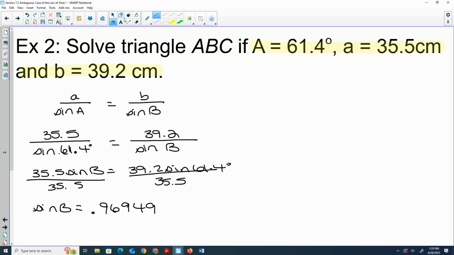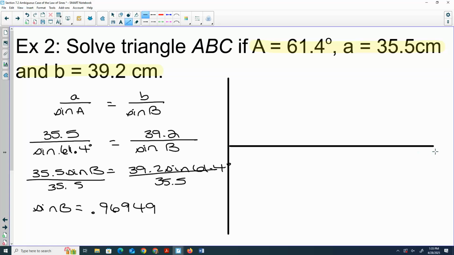Now, when I think about that, sine is positive in quadrant 1 and quadrant 2. So we might have two separate triangles. If I'm thinking about quadrant 1, then B is just the inverse.